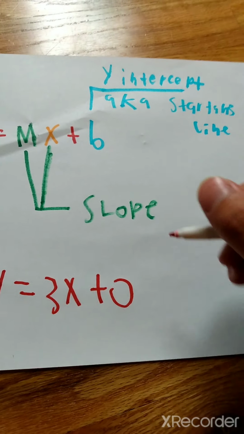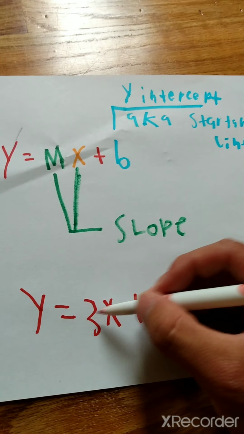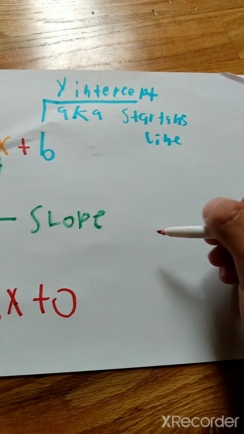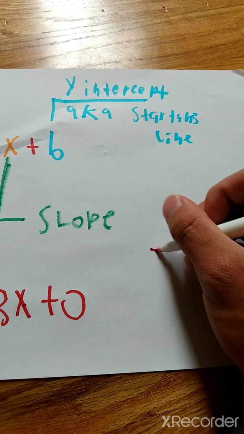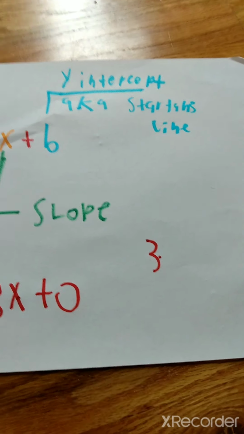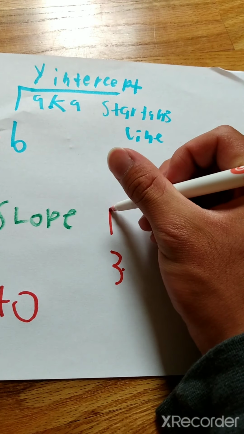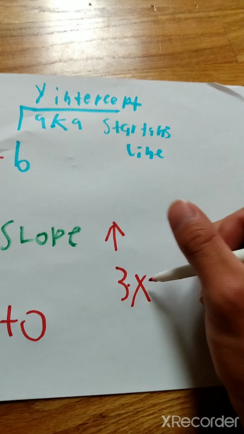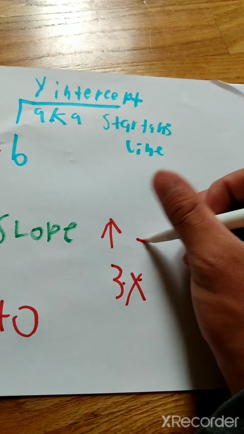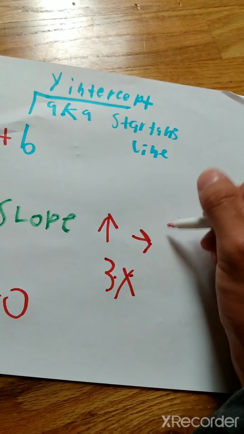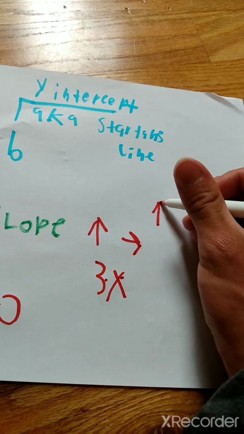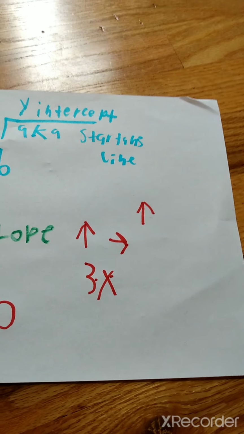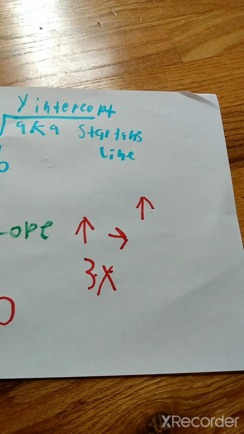So 0 is the starting position. 3x is actually the slope, because you use the number 3 to move upward 3 spaces. Then x is how many times you have to run until you rise up another 3 spaces. So it's sort of like stairs.